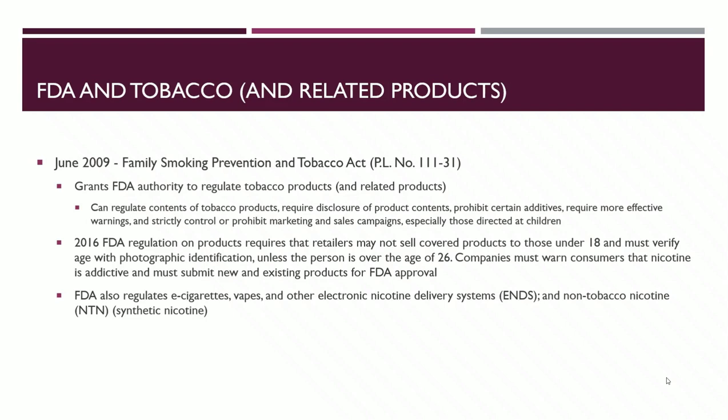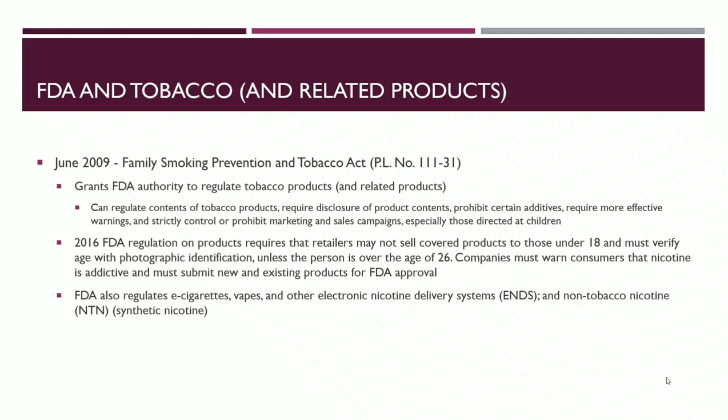They require disclosure of product contents, prohibit certain additives, require more effective warnings, and strictly control or prohibit marketing and sales campaigns, especially those directed at children. So again, it's not just the actual tobacco itself. It's a lot more that surrounds that.